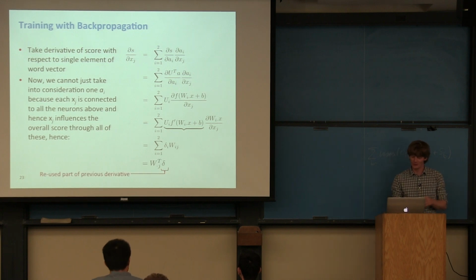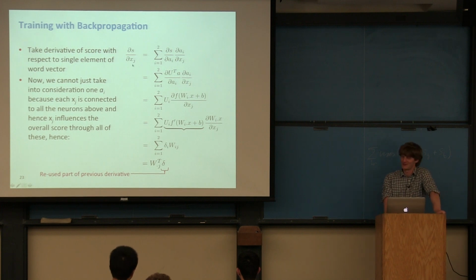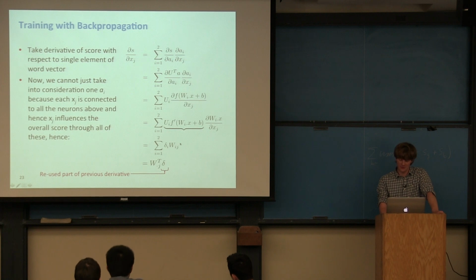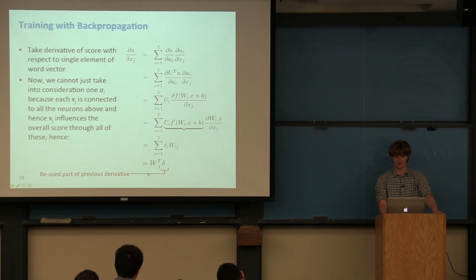Exactly, W transpose delta. So right now we just took the derivative with respect to one element of x_j. So that will just be W dot j, the jth column of W transpose times delta. So this again just comes out to be the same. And again, we reuse here the same vector of error messages delta.